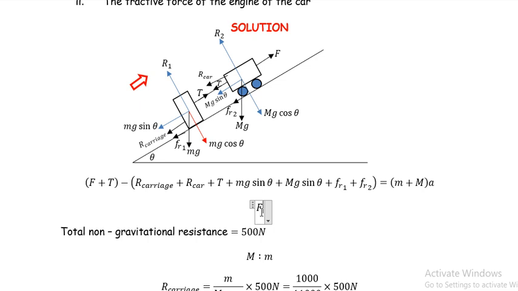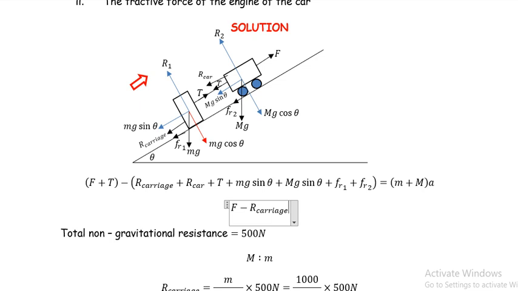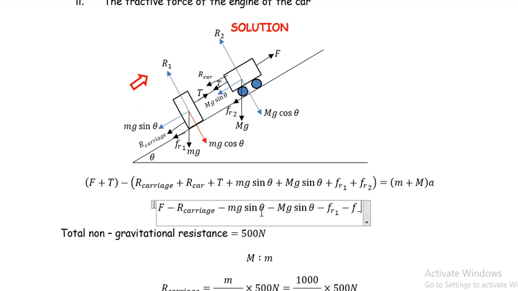So we have F here minus R carriage, minus m g sine theta, minus big M g sine theta, then minus F friction 1 minus F friction 2.